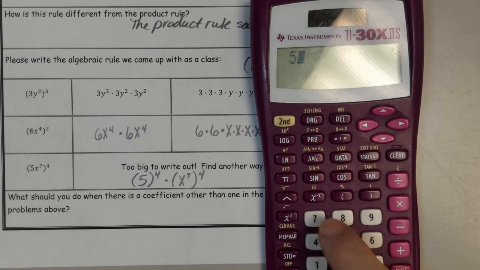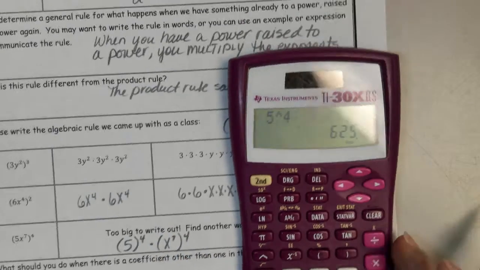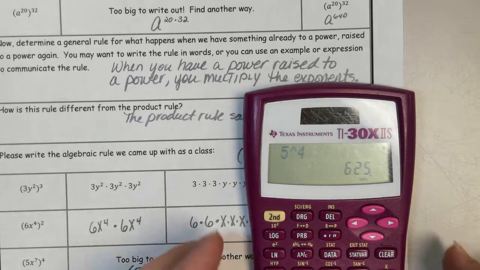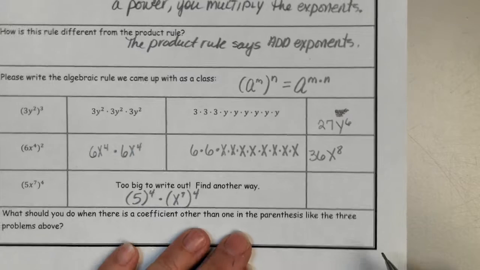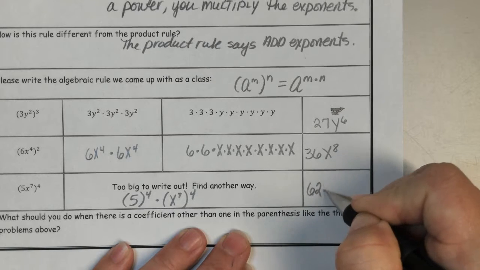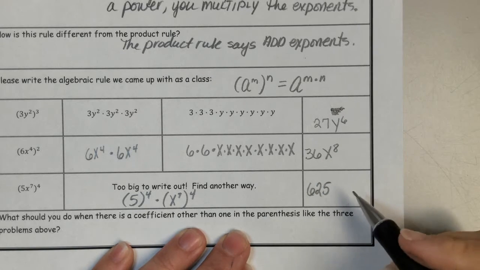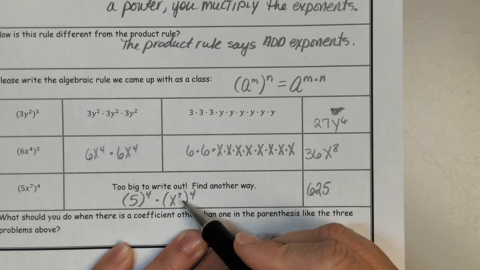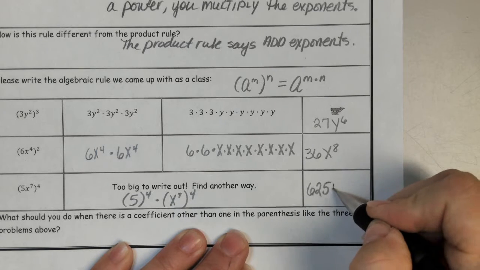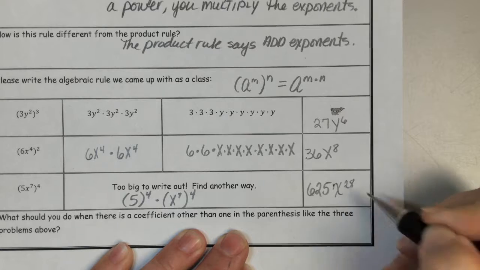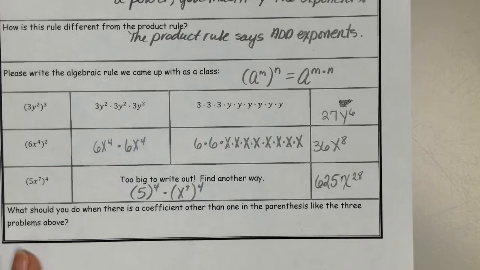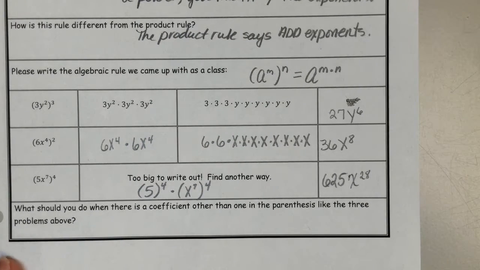So we're going to type in 5 up arrow 4, and I'm going to get 625. So I'm going to write 625. And that's going to be x to the 7 times 4, x to the 28th power. Okay, so it's real easy to do if you have your calculator.